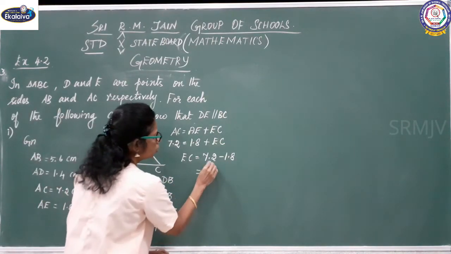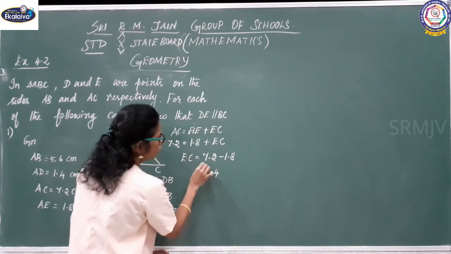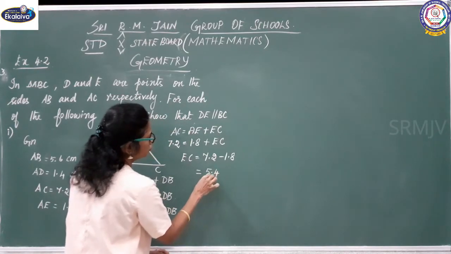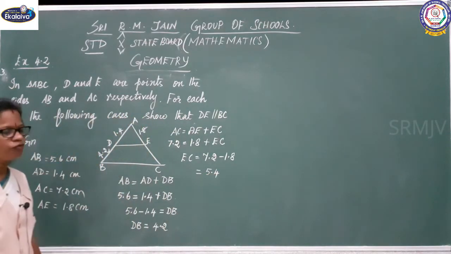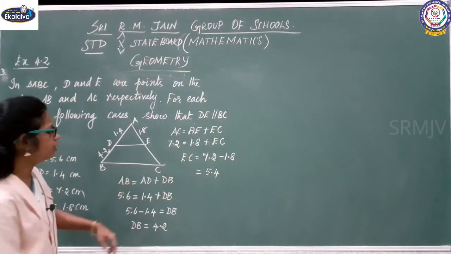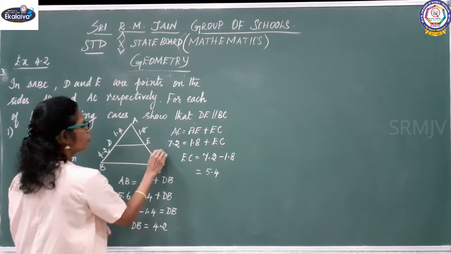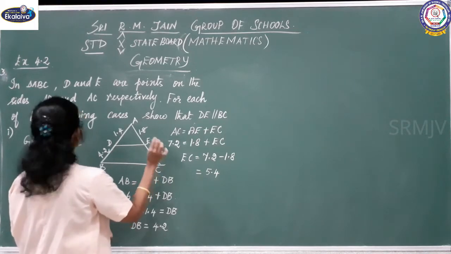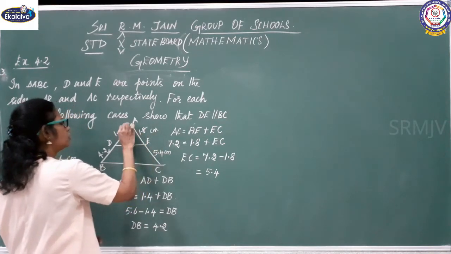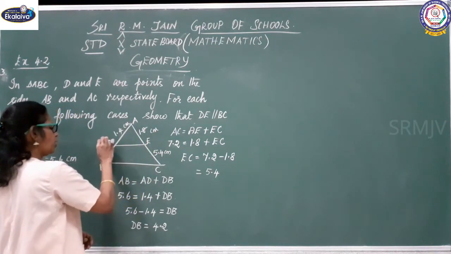What is it? 5.4. DB equal to 4.2, EC equal to 5.4 centimeter. Two ways you can say.